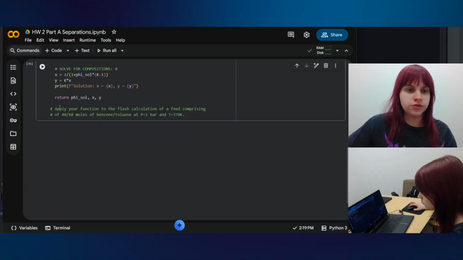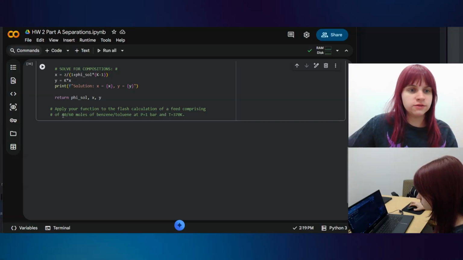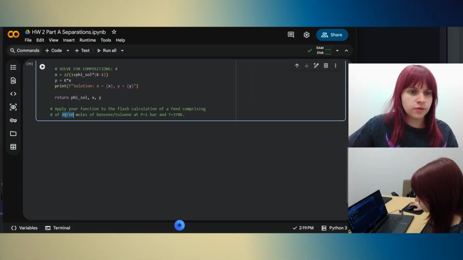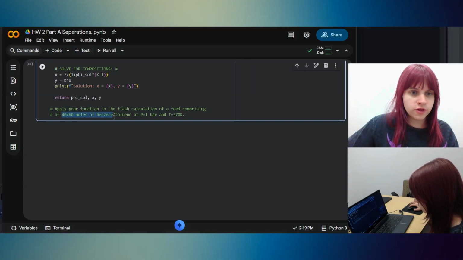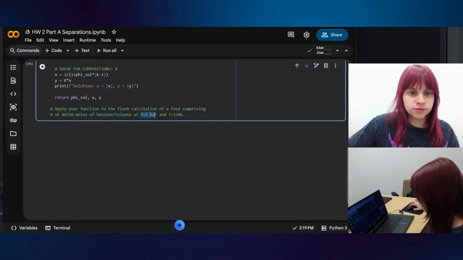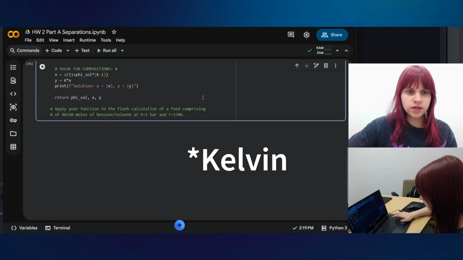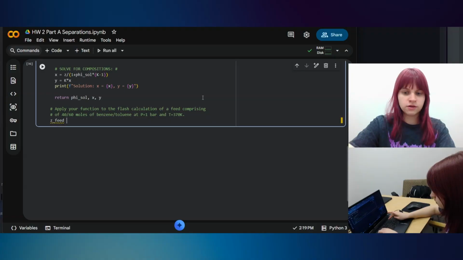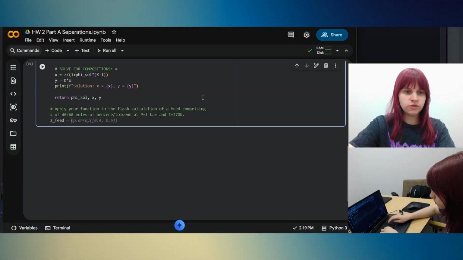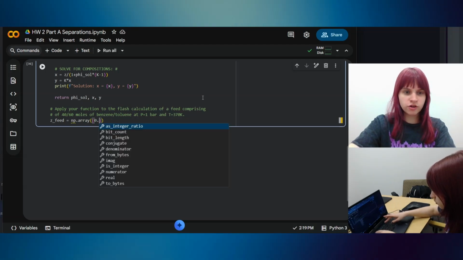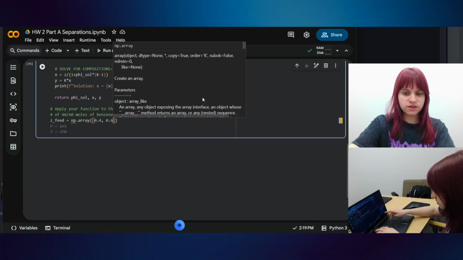Now we would like to apply our function to the flash calculation for a feed of 40-60 moles of benzene/toluene at 1 bar and 370 Kelvin. So we're going to say that our feed, our z feed, is equal to numpy array of 0.4 and 0.6.